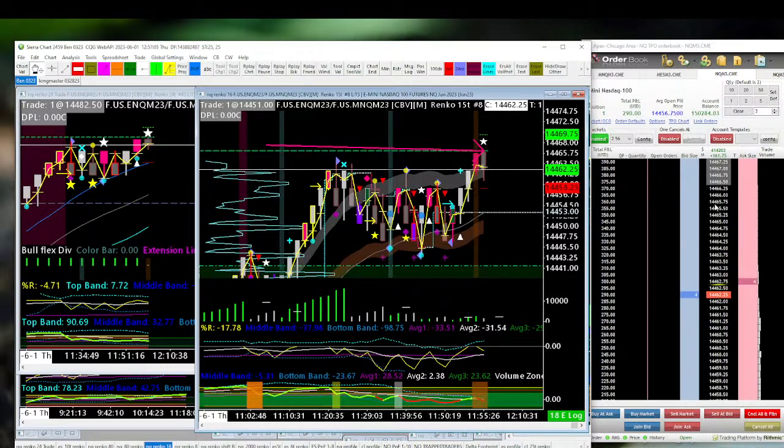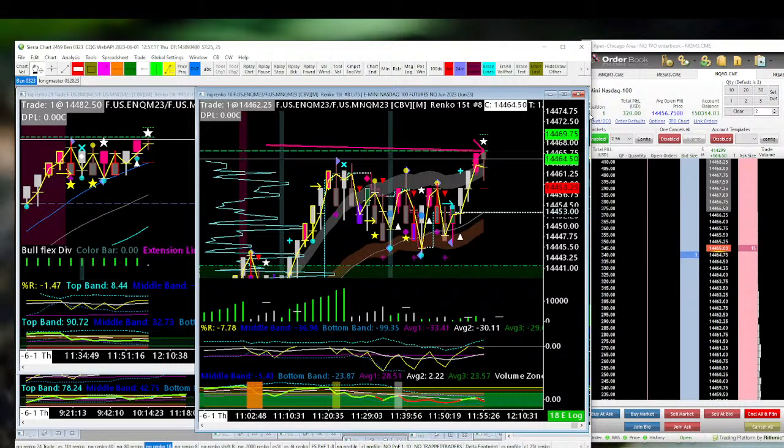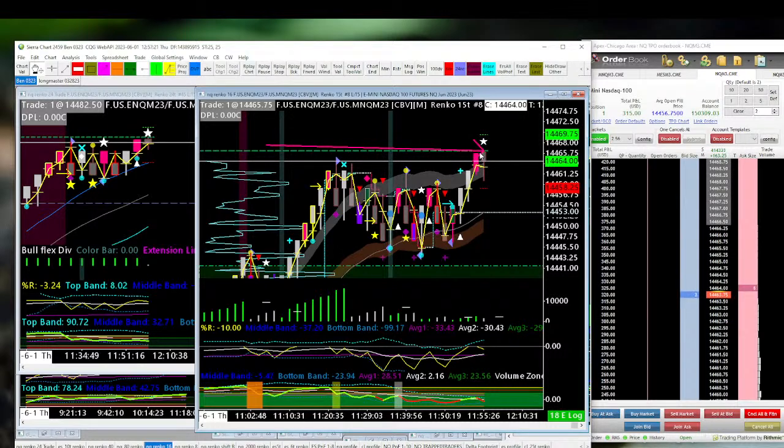So the fact that I got it to 300 means that they're now calculating that 4,500 from the 150, 300. So, like I said, an easy way to think about it is it's as if whatever remainder position you have, you got in at the very high. So if you wouldn't hold, if you chase this, then you need to get out.